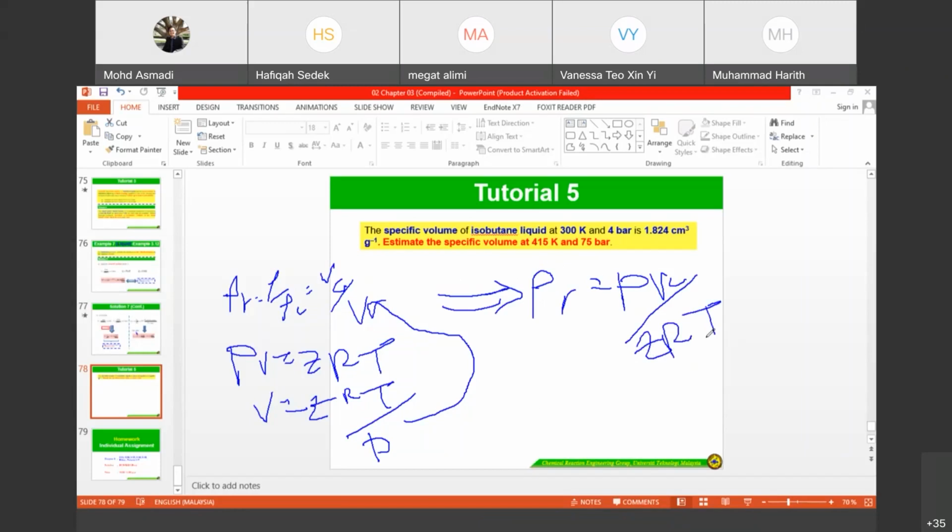So we can say that this is the new equation.